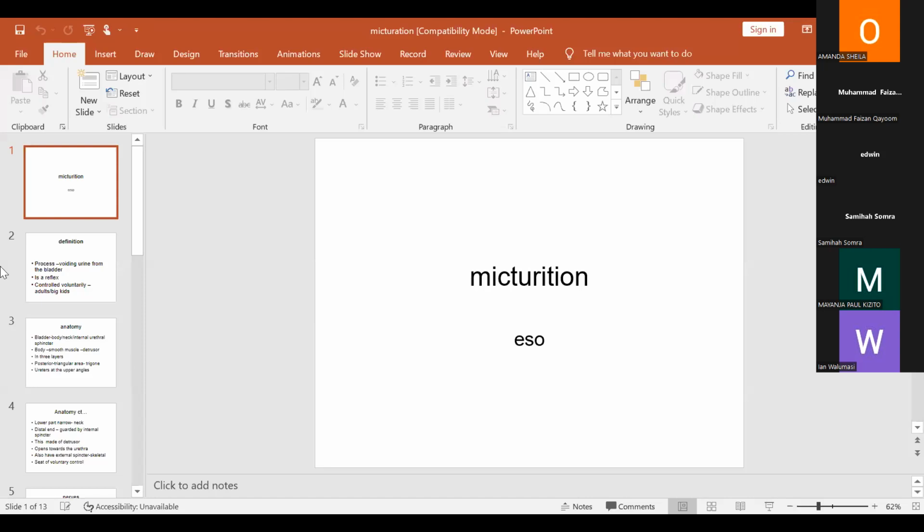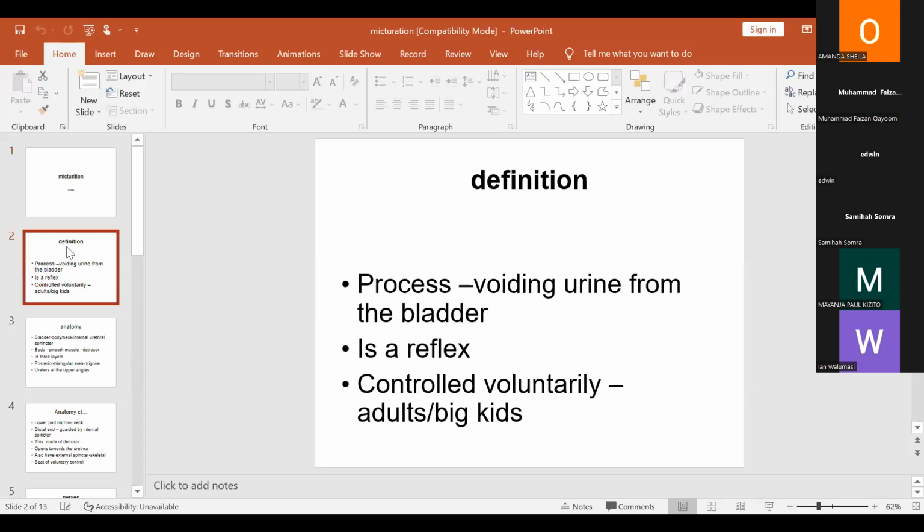So what is micturition and how does it happen? Micturition is defined as the process of voiding urine from the bladder. And I want to note that it's a reflex. In first year, you covered reflexes. If I am not wrong, you covered monosynaptic reflexes, which was basically a stretch reflex mediated by the muscle spindle.